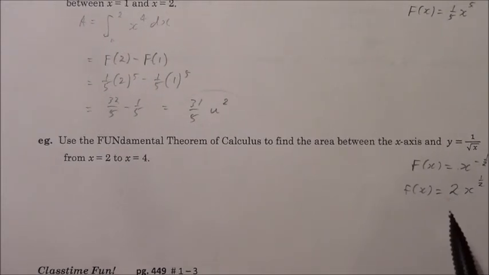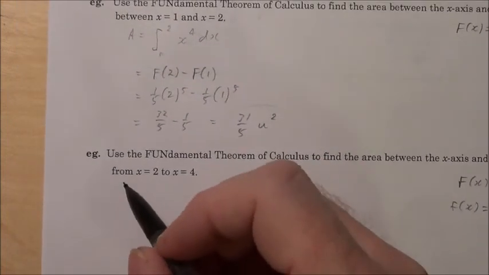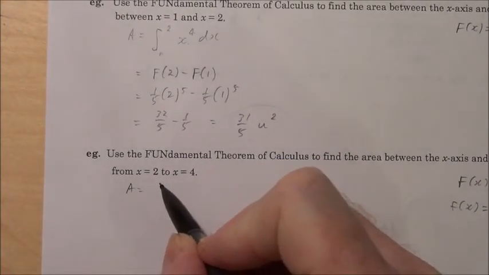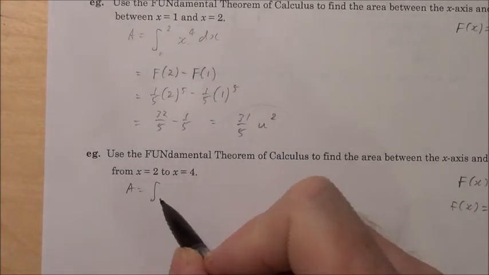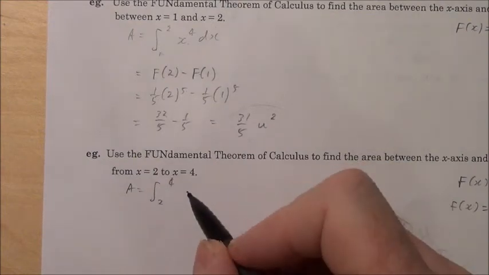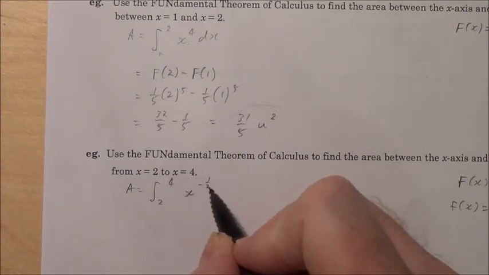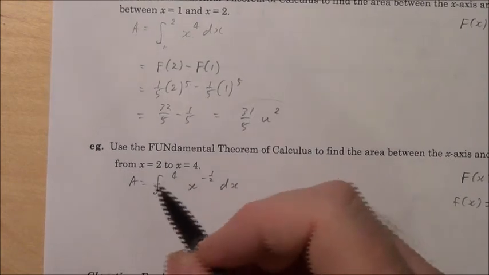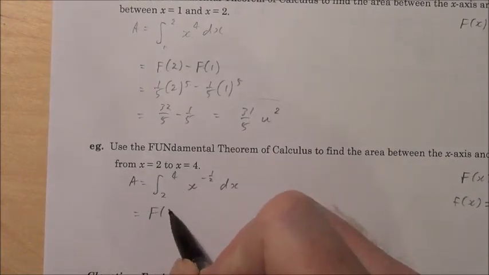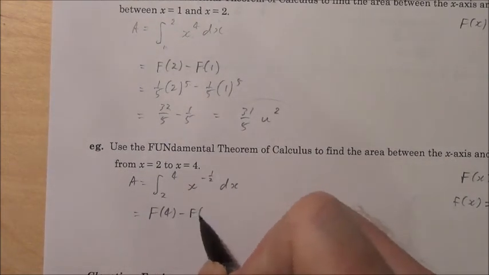Okay, so then the area is the integral from 2 to 4 of x to the negative 1/2 dx, which is F of 4 minus F of 2.